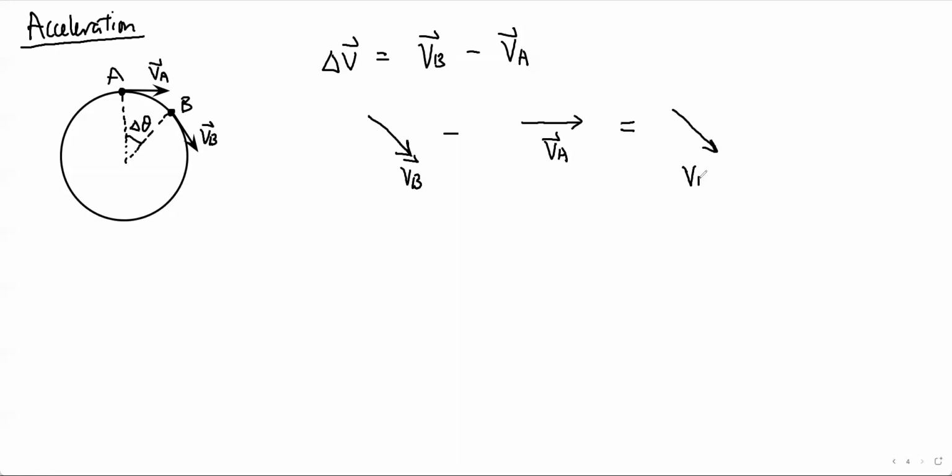Now I always like to do the addition instead of the subtraction. You know, a negative vector means you just reverse its direction. Then when you do an addition of two vectors, remember how to tell.